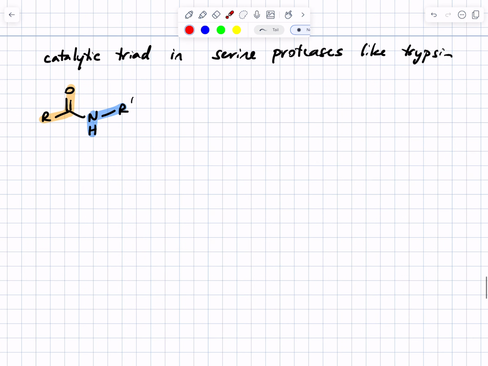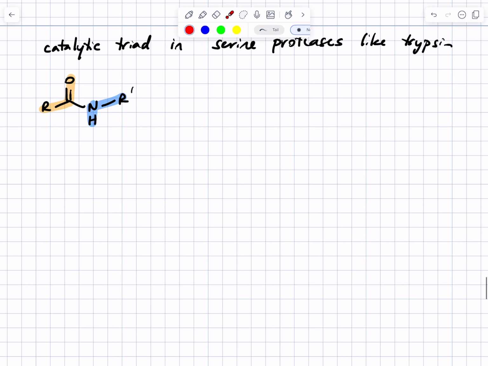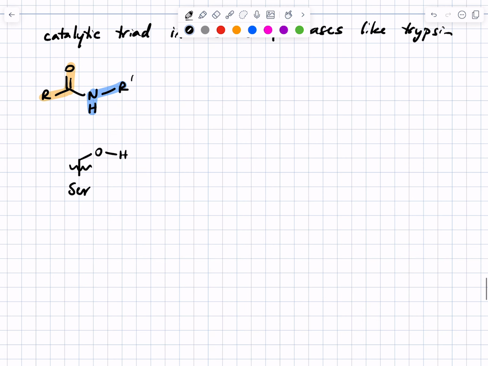And we're trying to hydrolyze this amide bond between the two of them. You're going to need a serine amino acid. And I don't know which amino acid it is in, I'll use the 1-letter code for serine. You're going to need a histidine amino acid, and I don't know which one it is in trypsin. There we go.